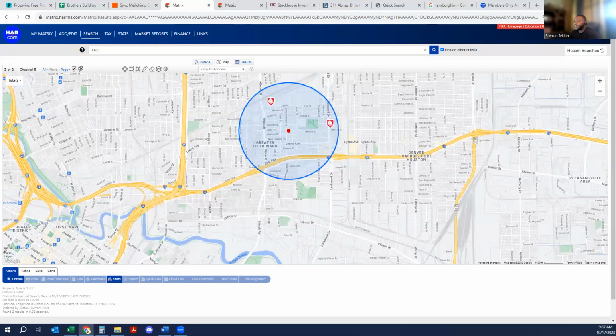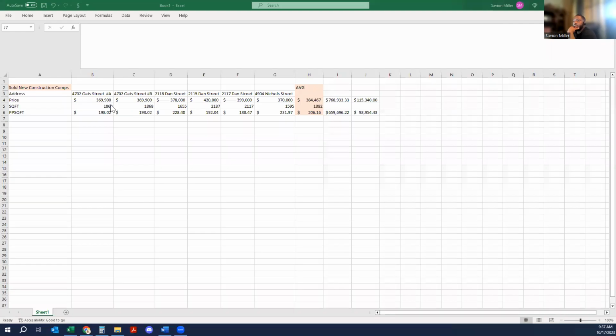If we go back to the spreadsheet, you can see where 369, 2 of them sold, 370, and then you have these 2 high comps, but these are top of market. You know what I mean, right? Like this 420, 400,000.